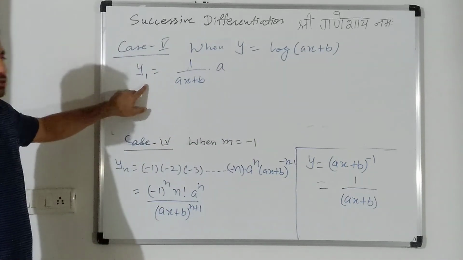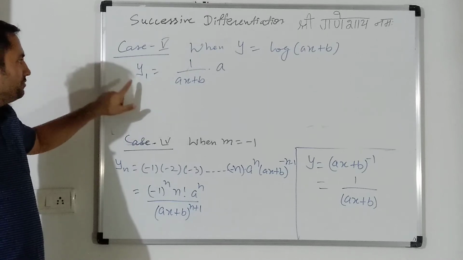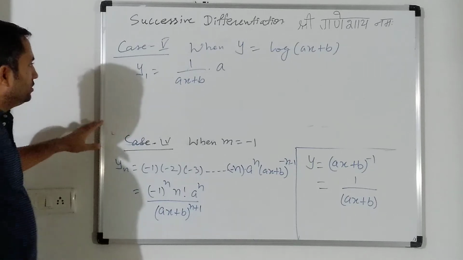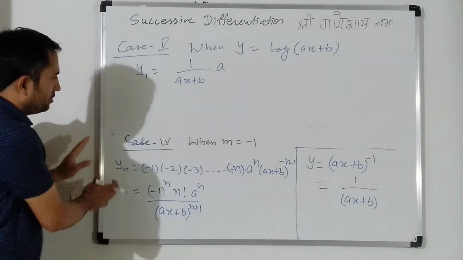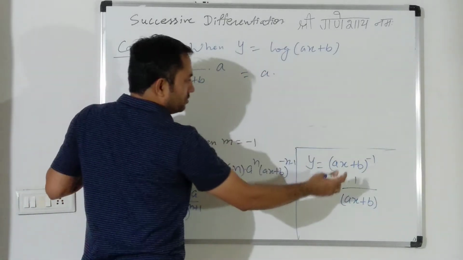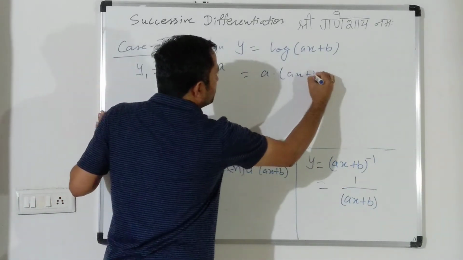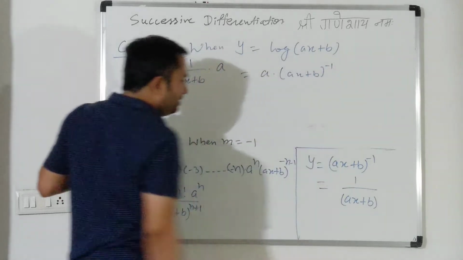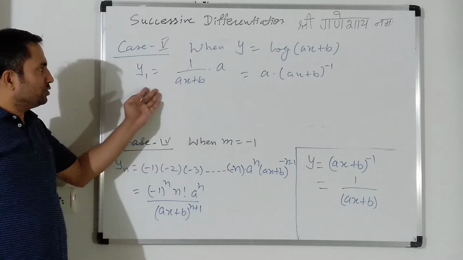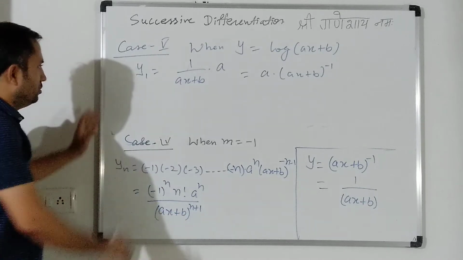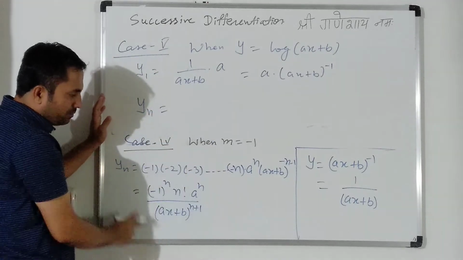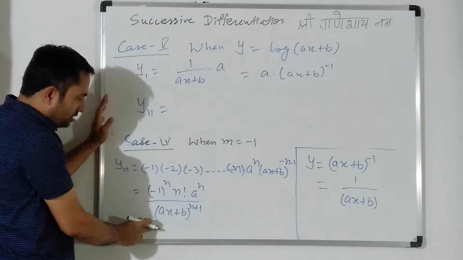To go up to the nth order derivative, we now have to differentiate this function up to the n minus 1 derivative. So you have the same situation. This is a into ax plus b to the power minus 1. For the nth order derivative, we put n minus 1 directly. So what we get, yn is equal to, everywhere we put n equal to n minus 1 in the previous solution.